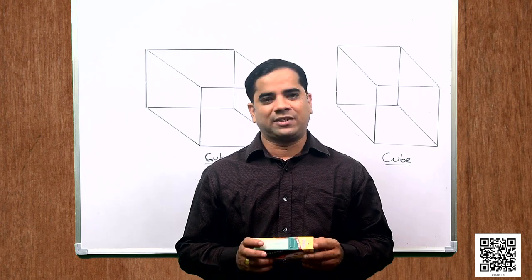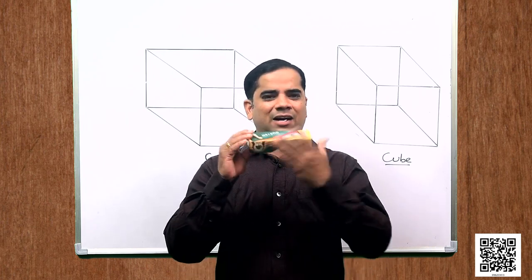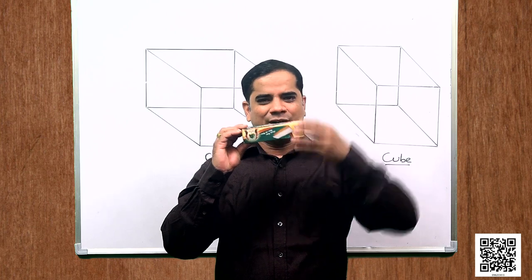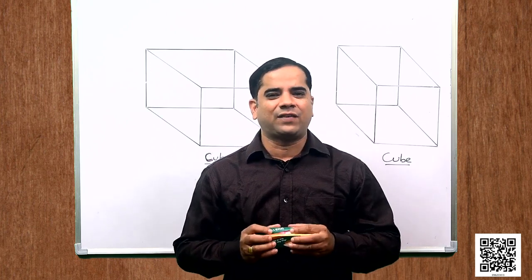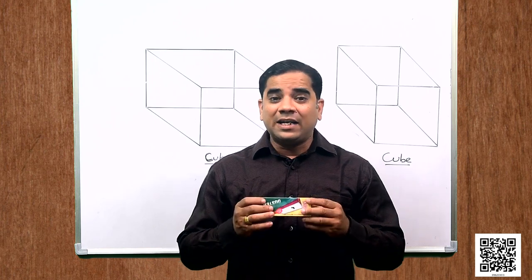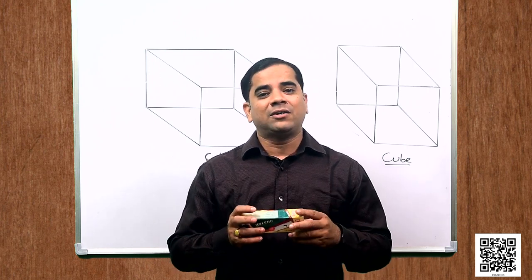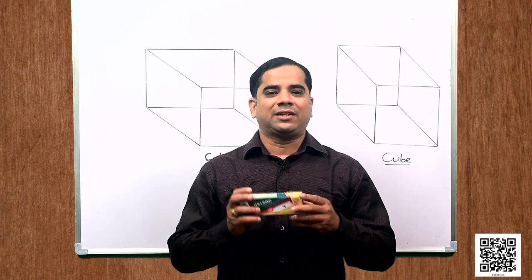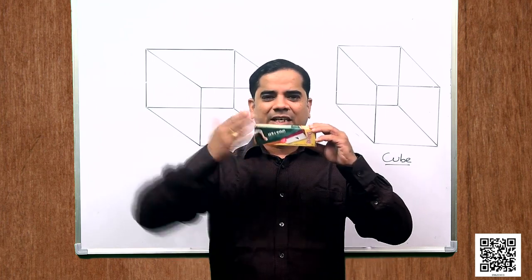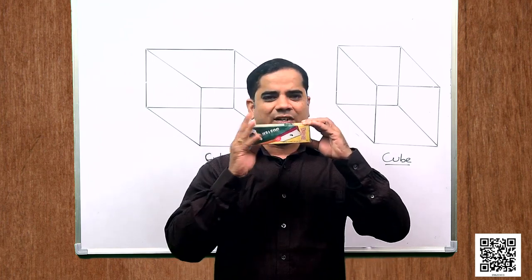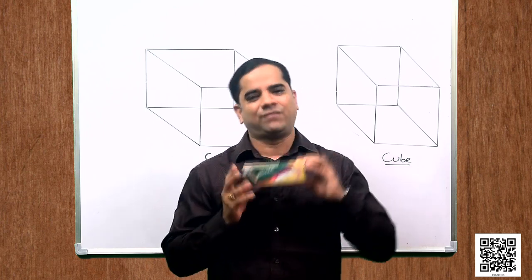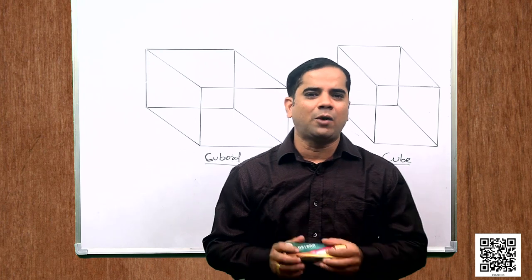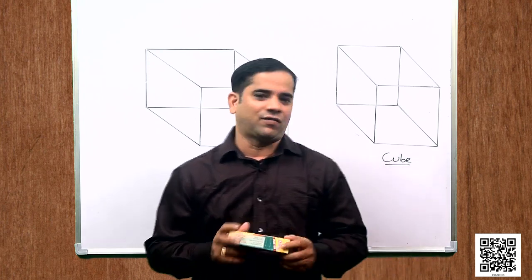There are 6 surfaces. 1, 2, 3, 4, 5 and 6. The opposite surfaces are equal to each other. That means this surface is equal to this surface, and this surface is equal to this surface. Okay? So this is a cuboid having 6 surfaces.